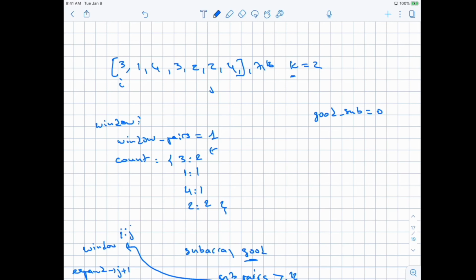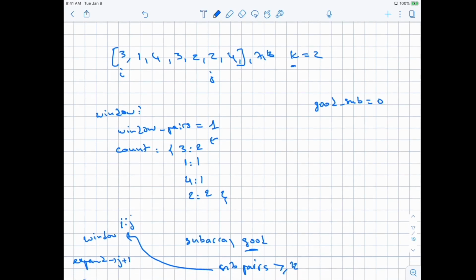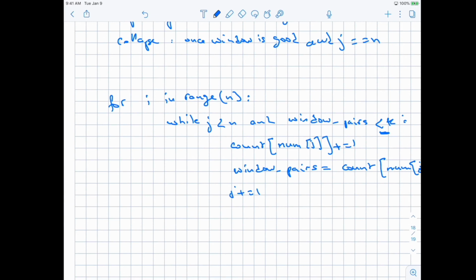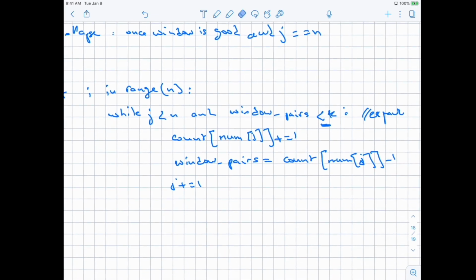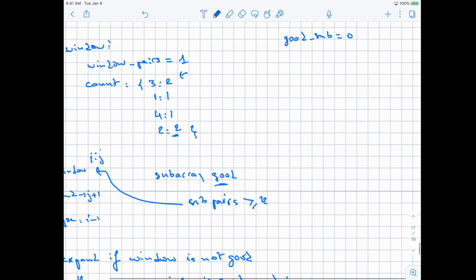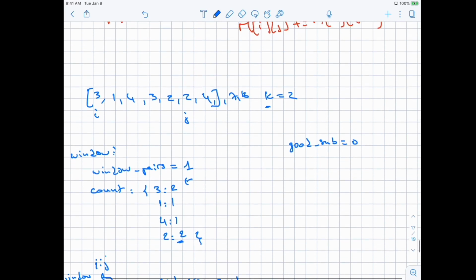So actually we stop here, and now we have how many? It's 2 here, right? So this window pairs needs to be plus, by the way, plus the count of the number minus 1, that would be 2 minus 1, which is plus 1. And so now we have 2, so now we have it bigger or equal to K.